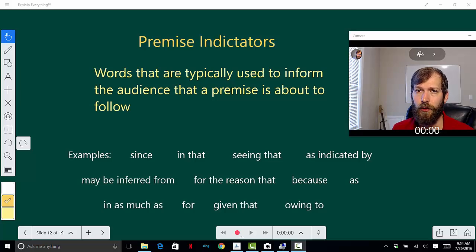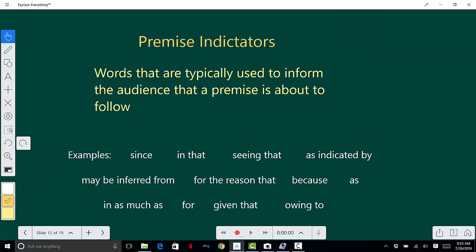So as a reader of a passage in which you're being given an argument, when you see these words, and we have some examples below, it suggests that the statement that follows is supposed to suggest the truth of another statement. So it's supposed to be a premise of an argument.